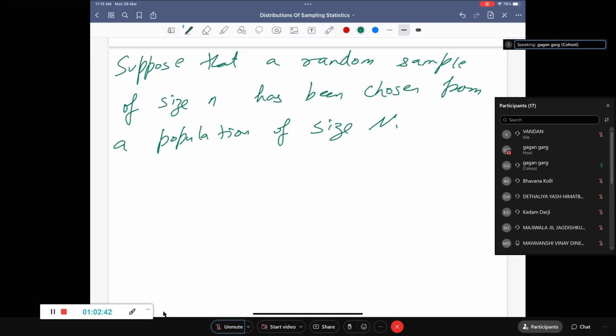It is over. You had a population of size capital N. From that, you have chosen a random sample of size small n.